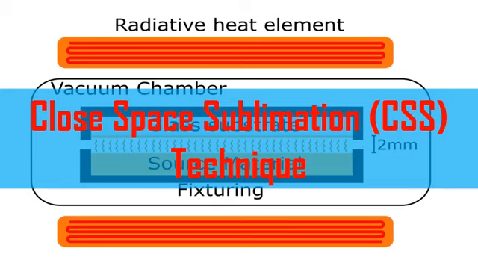Usually the close space sublimation process deposits materials which have a melting point around 800 degrees centigrade or less. There are different types of setups, some conventional and some advanced. In advanced close space sublimation systems, there are also heating setups for the substrate.